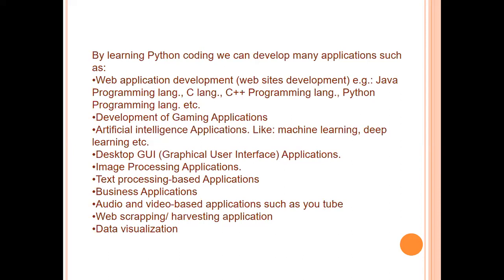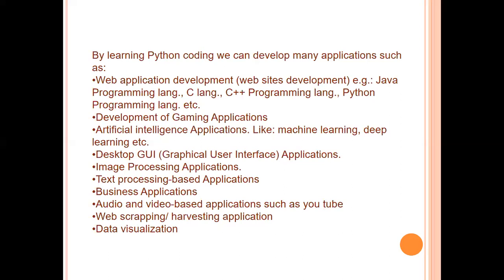We can use Python in the development of gaming applications also. In artificial intelligence applications like machine learning, deep learning, etc., we need to have the knowledge of Python coding.